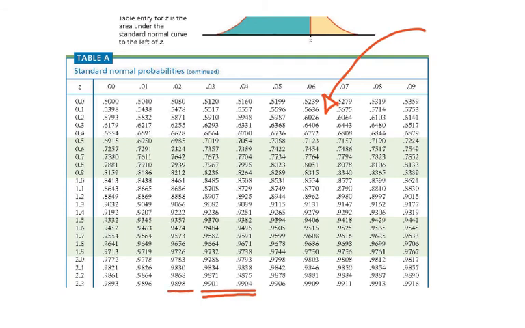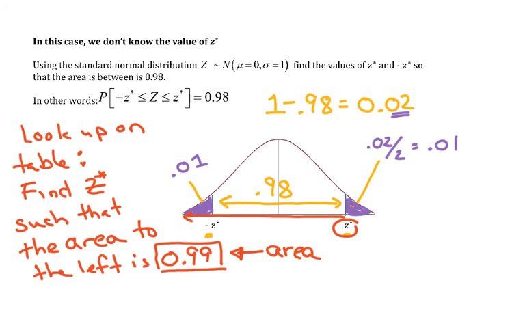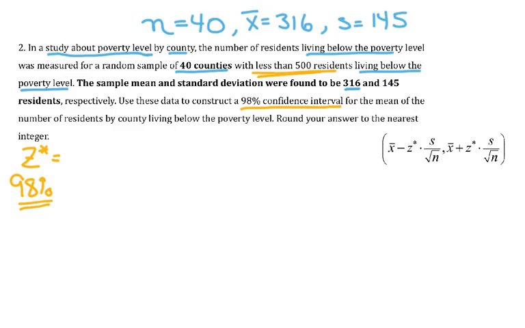And we could consider this one also. I think that one in the middle is the closest we can get. This tells me the z-value is 2.3 with the second digit of 3. So now I can go back to my problem and I know what z star is.